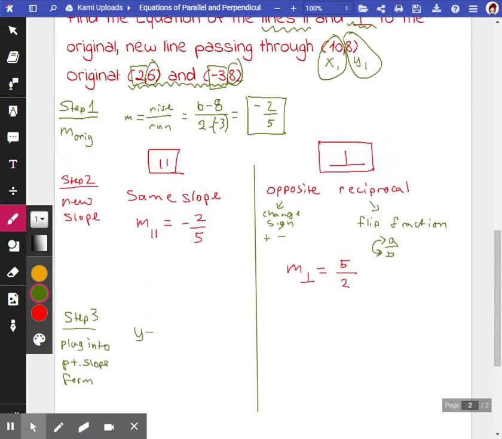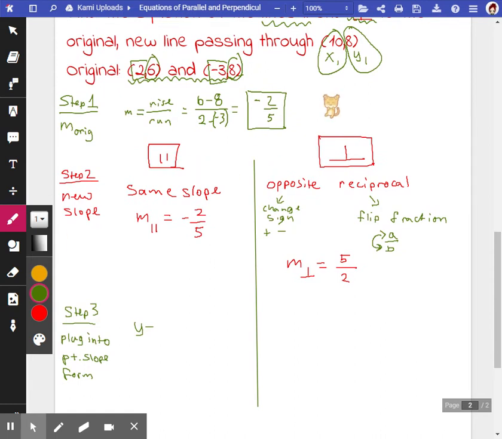So our y coordinate in the original question, we're supposed to go through y coordinate 8. Equals the slope times, so my slope is -2/5 times x minus the x coordinate, which is 10.